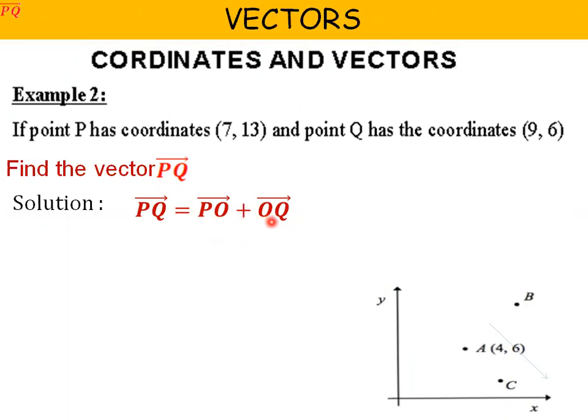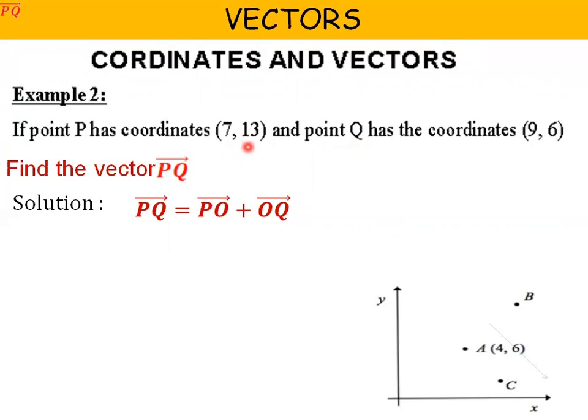How do I know that? Because vector OQ will stand as a position vector that represents the coordinate of Q, while the vector OP will stand as the position vector that represents the point P, and the point P is 7, 13.